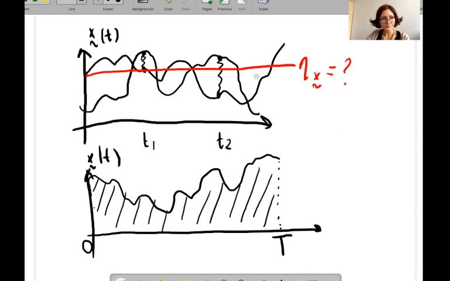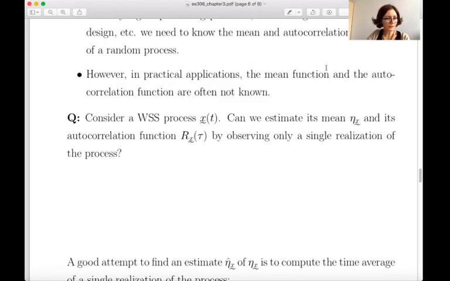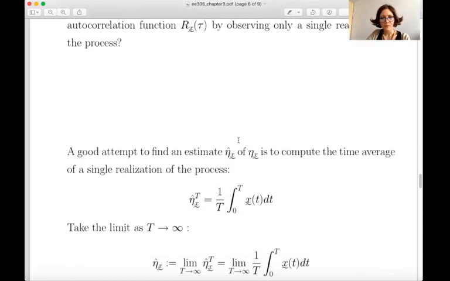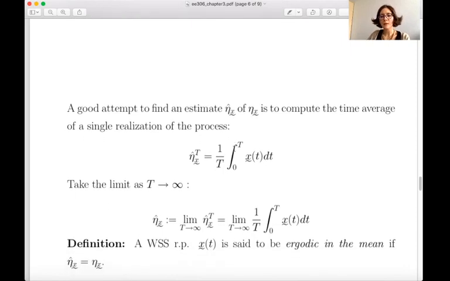So if you just try to write this mathematically, a good attempt to find an estimate of eta x is this time average. So you're integrating between 0 and T your random process, but don't forget, I still prefer the notation x tilde of t. However, we should keep in mind that this is not the mathematical object of a stochastic process anymore.